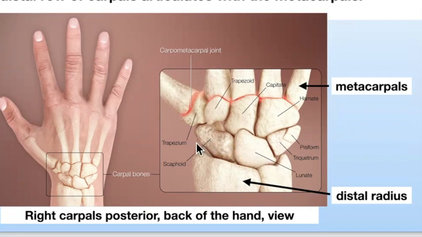Here's our proximal row of carpals articulating with the radius. It actually makes it look like it articulates with the ulna, but don't be fooled. There would be a fibrocartilage articular disc in there preventing an articulation there. And then in orange, they have the distal row of carpals articulating with the metacarpals.